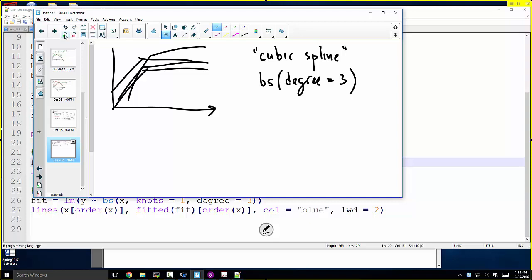If you just ask for a spline, it'll give you a cubic spline. And there's theory that says cubic splines have some optimality properties for estimating arbitrary curves. So when in doubt, if you really need a curvy relationship, a cubic spline will probably be sufficient.